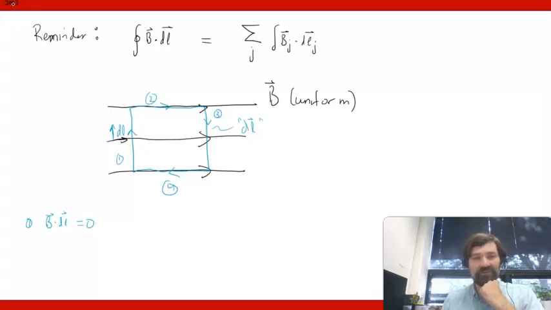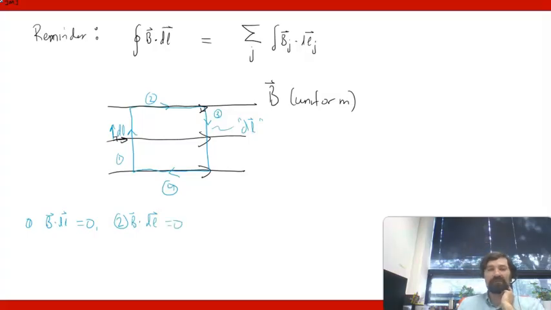They're perpendicular to each other. Likewise over here, so also for 3, B dot dl is going to be equal to 0. Now what about 2 and 4? Well, for 2, my B is parallel to dl, so B dot dl, let's put it down here.